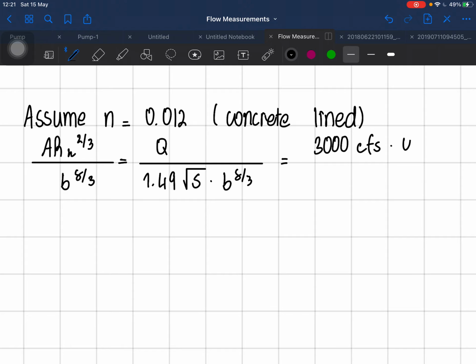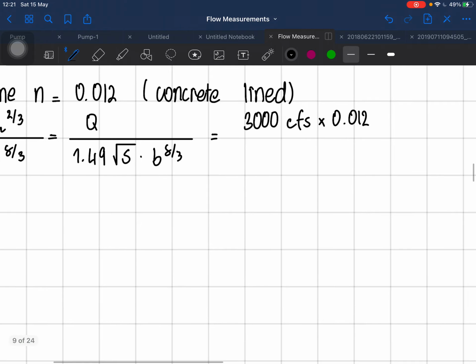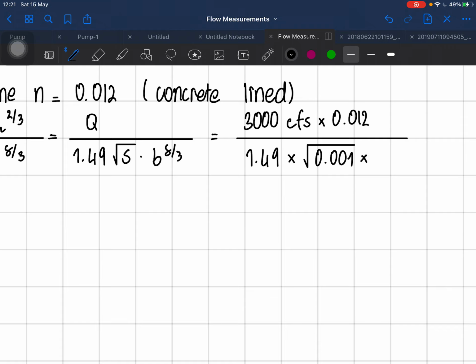So 0.012, I mean this is times, not a dot, over 1.49 times the square root of the slope, which they said is 0.001. The slope is not that difficult to find actually.